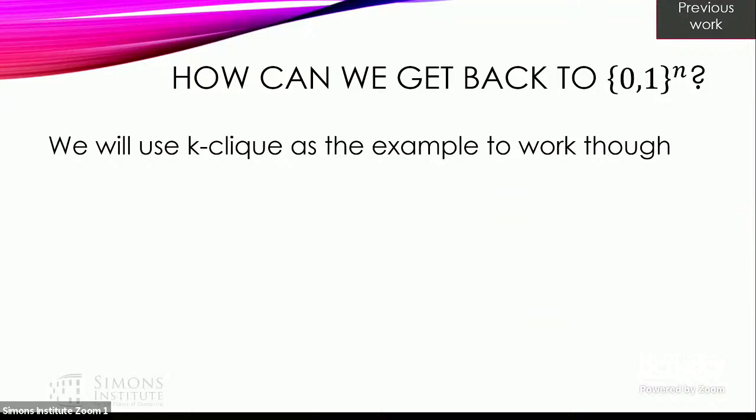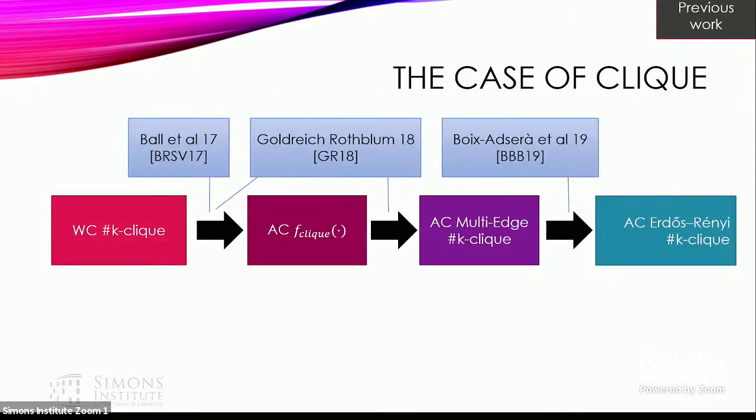So it'd be nice to get back to 0, 1. And it turns out that there's further work that was able to get back to 0, 1 with K-clique. So I just want to walk through what the result is, and then I'll describe some perspective on how that result was achieved.